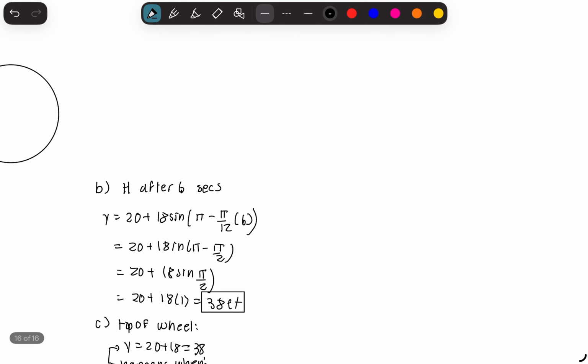Now, what are your coordinates? What is your x, y after 15 seconds? Now, you just substitute t is equal to 15. The x coordinate will be 18 cosine of (pi minus pi over 12 times 15).